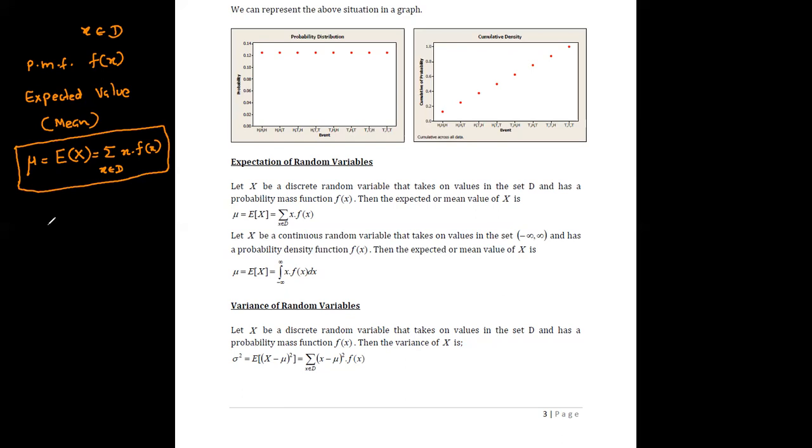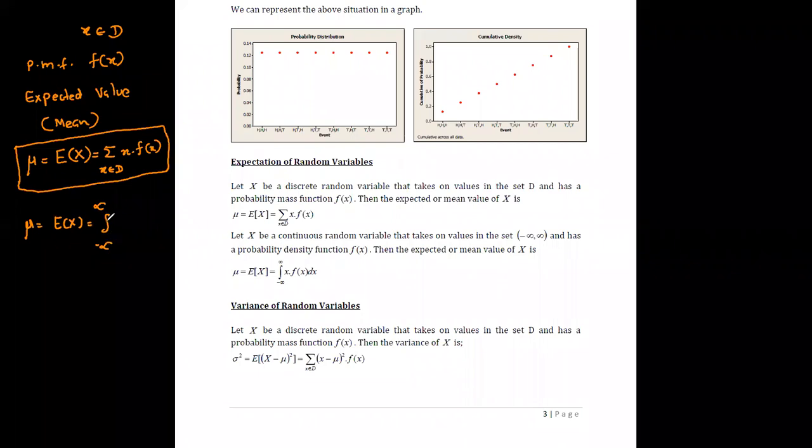And if it is for a continuous case, mu can be obtained as, instead of this summation, you have to integrate the function from minus infinity to plus infinity. Generally, we are using this as notation only, but in actual situations we have to substitute the exact lower limit and the exact upper limit.